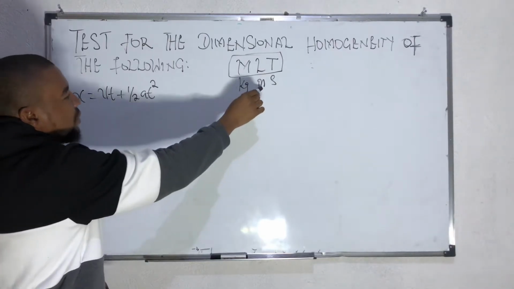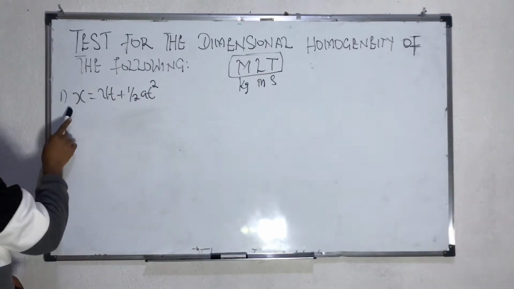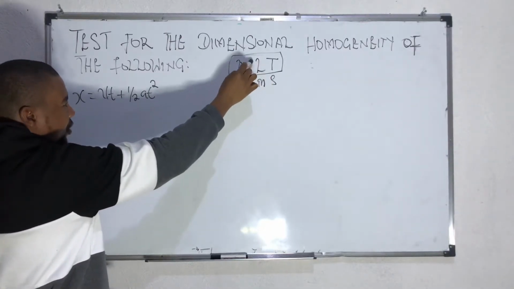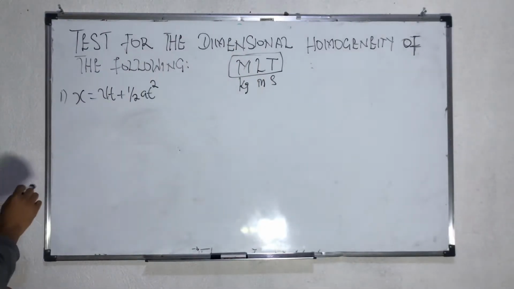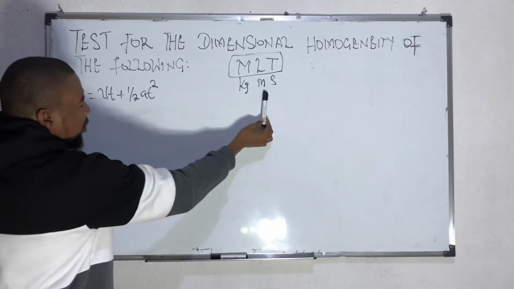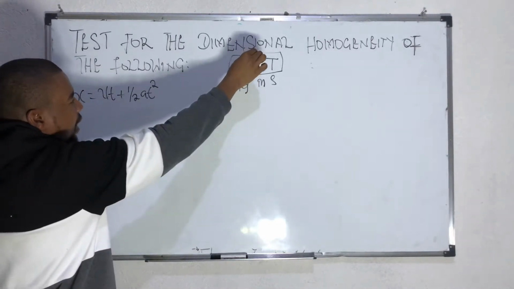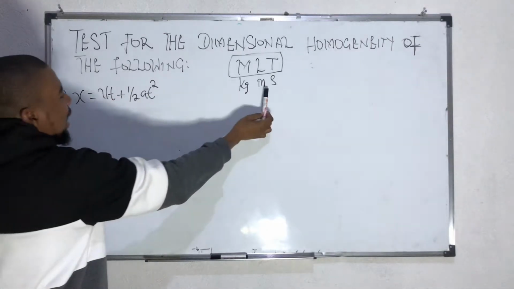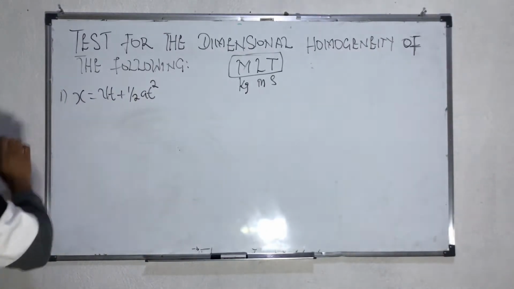Instead of putting meters for displacement, we put the capital letter L because this is the dimension for displacement, while m is the unit for displacement.